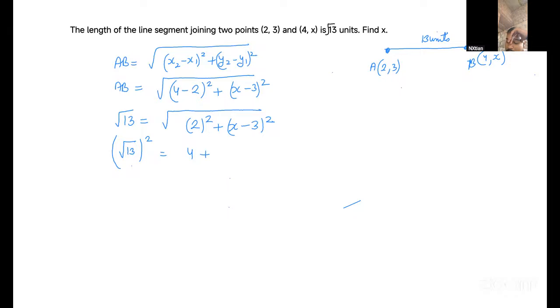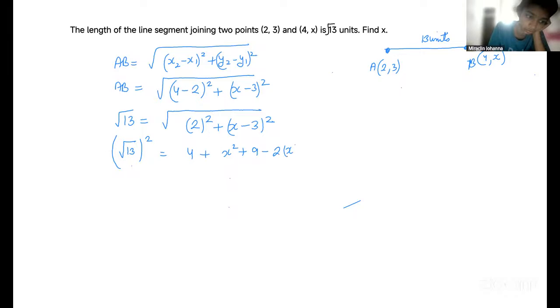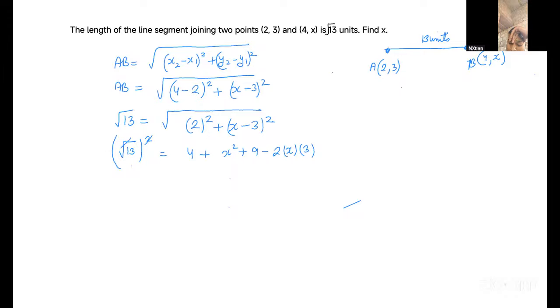So a square plus b square minus 2 into a into b, which is 3. Did you understand? Yes or no? So now this square and this root will cut. It will become 13 is equal to 4 plus x square plus 9 minus 6x.